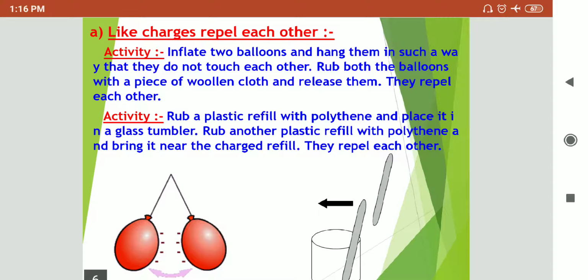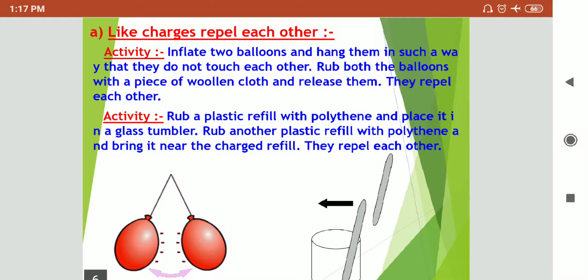And here is one more example, with plastic refills. Take two plastic refills and rub one with polythene and place it in a glass tumbler. Now rub the other refill with that polythene and bring it close to the first one.